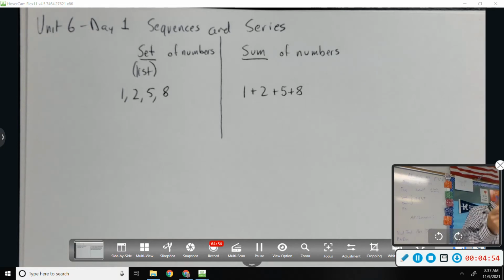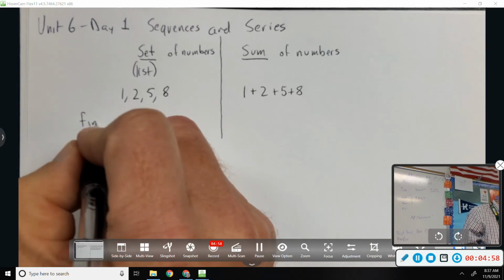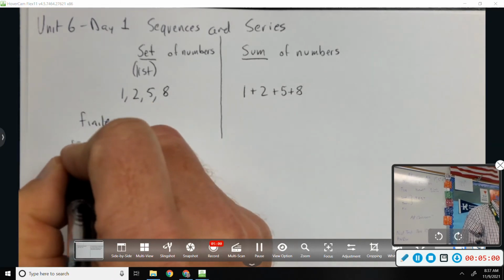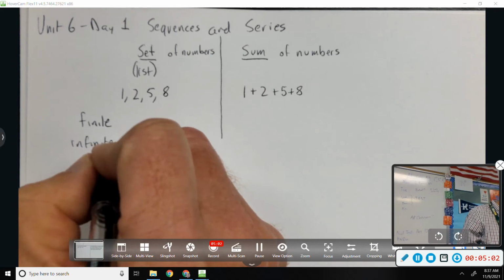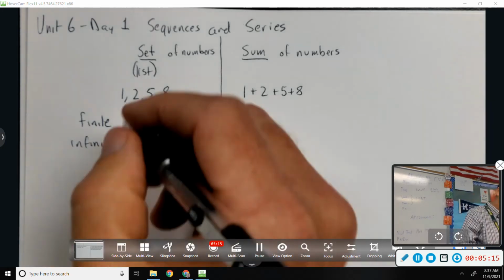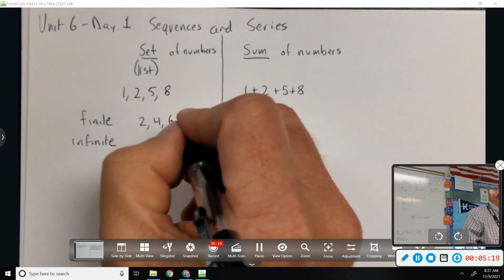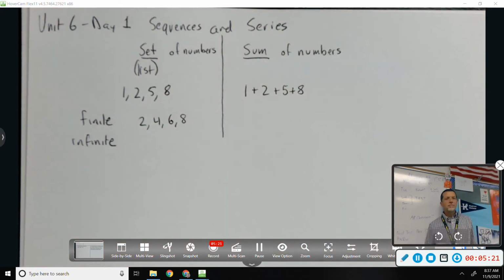Before we get to pattern versus not pattern, let's talk about finite set versus infinite set. You know what infinite means, and finite's like a certain amount. It stops at some point. So a finite set would be 2, 4, 6, 8, stop.